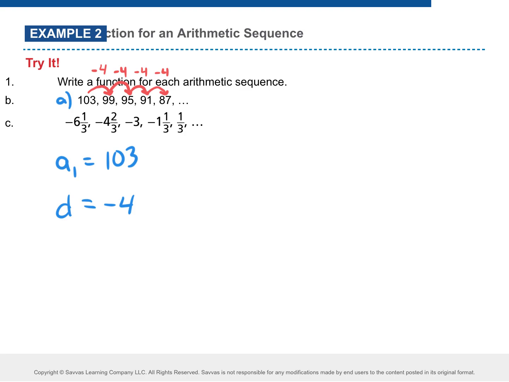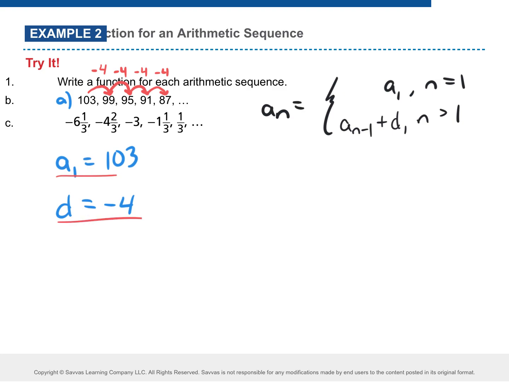So now we're going to use that formula that you had. That was a_n, where a1 when n equals 1, and a_(n-1) plus d for all n values greater than 1. So do we have the 2 things that we need? Yes, they're right here. We're just going to plug them into where they go in the formula. So this turns into a_n equals, well, what is a1? 103. So that goes in for a1, and that's when n equals 1.